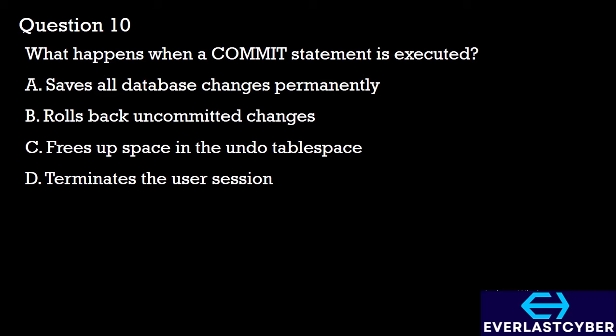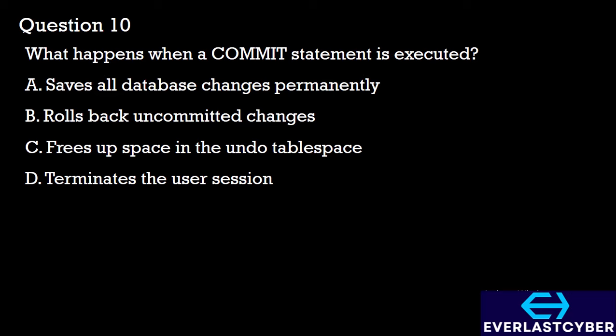In option B, a rollback statement does not commit, like it is not responsible for undoing uncommitted changes. In option C, while the commit action allows the changes to be permanent, it does not directly free up space in the undo tablespace. The undo tablespace will be cleaned up as part of Oracle's internal processes of managing undo data.